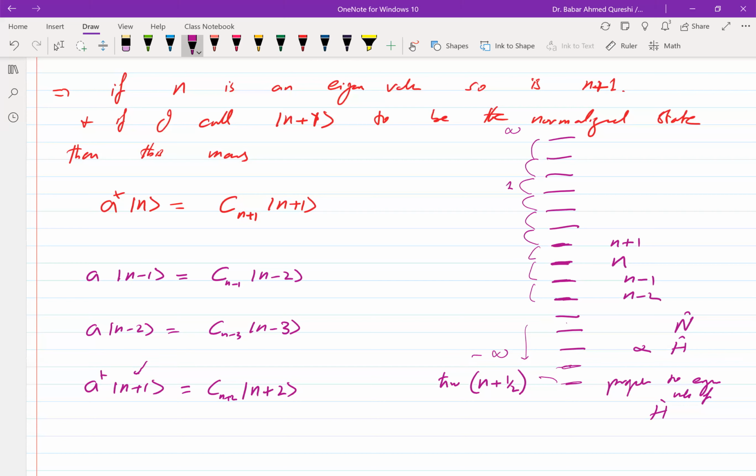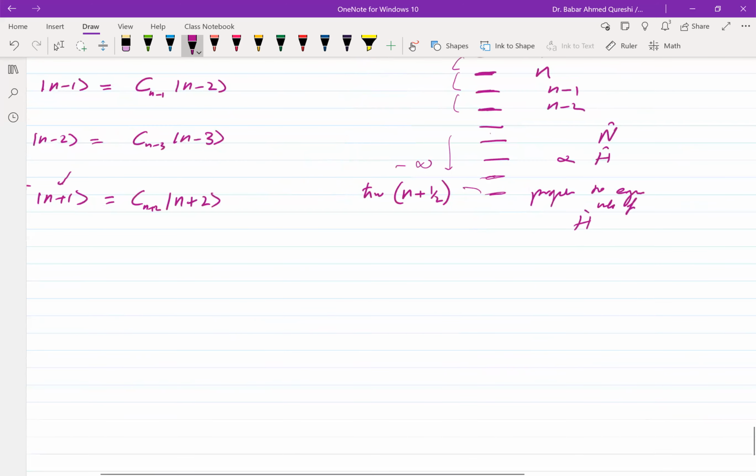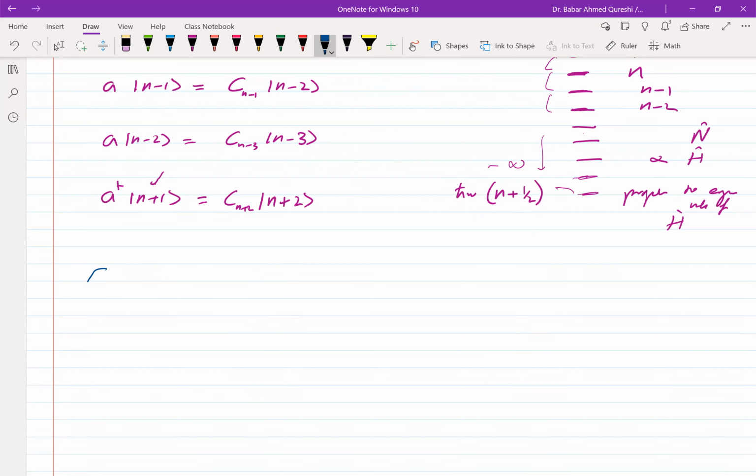So if n can keep going to any value downwards, then the Hamiltonian will also have any negative value down there. However, my claim is that the eigenvalues of this Hamiltonian are all non-negative.